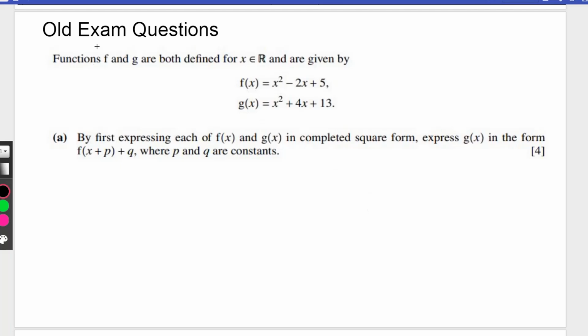All right, take a look at this. It says functions f and g are both defined on all real numbers and are given by, blah, blah, blah. They're both quadratics, clearly. First, express both f of x and g of x in completed square form, which we would call vertex form.